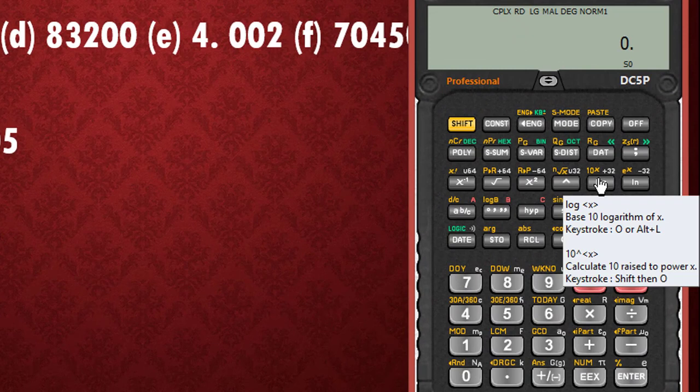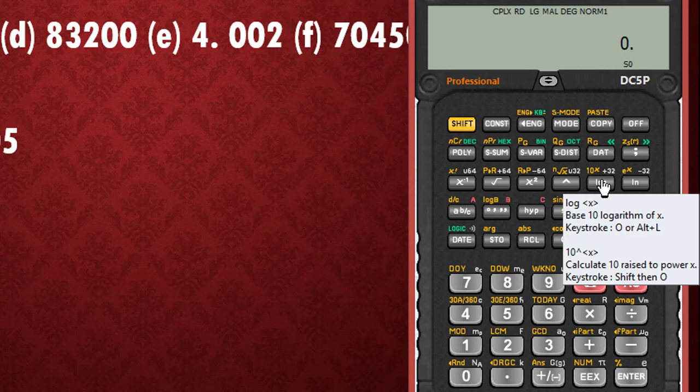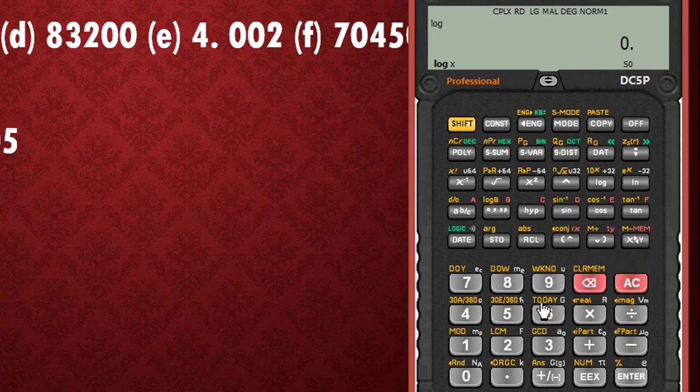Then a point of note, I told you from the beginning that you have some calculators whereby you need to press the number first before the log, and you have some calculators whereby you need to press log before the number. So it's just a point of reminder. So in this case, log 6780, we'll press equals to or enter.